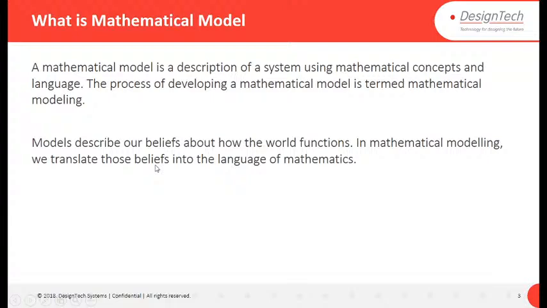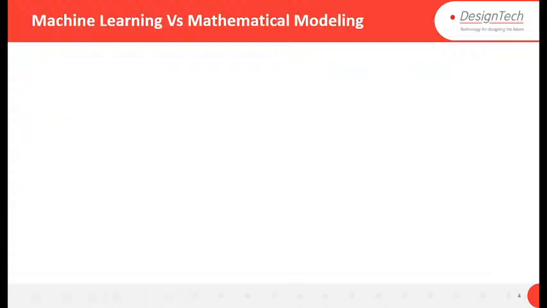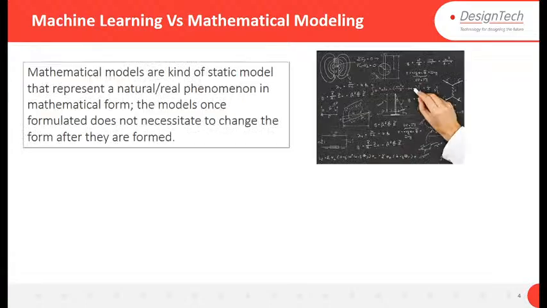In other way, you can say, what is a model? A model describes our beliefs about how the world functions. In mathematical modeling, we translate those beliefs into the language of mathematics, and that is called a mathematical model. So what is the difference between machine learning and mathematical modeling? I would like to tell you that also, because the next session is on machine learning.